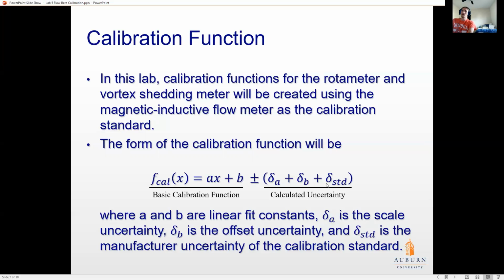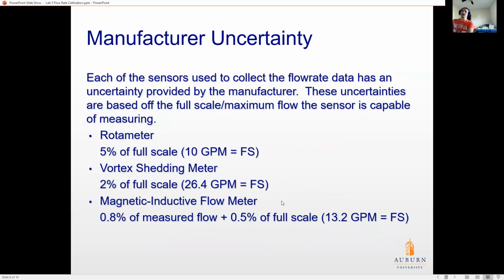I'm going to show you the equations to calculate all of this, but what this is saying is, if we do some calibration, you've got to at least have the uncertainty of the sensor you use to calibrate.